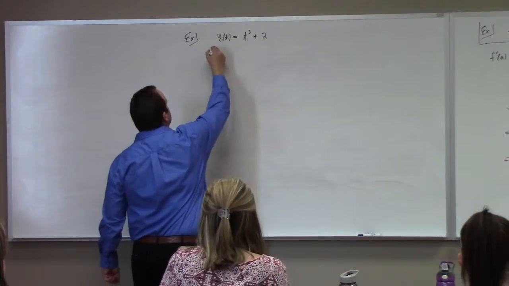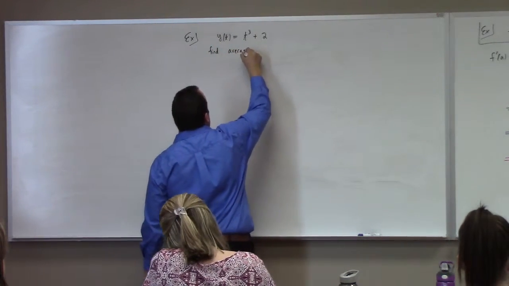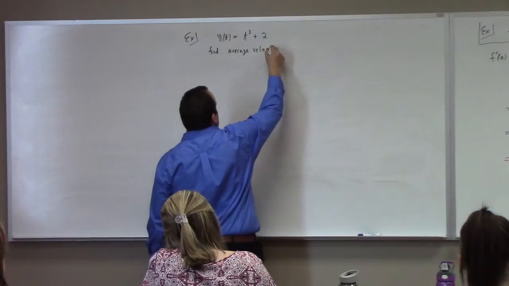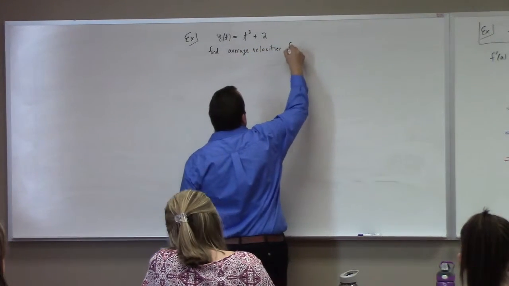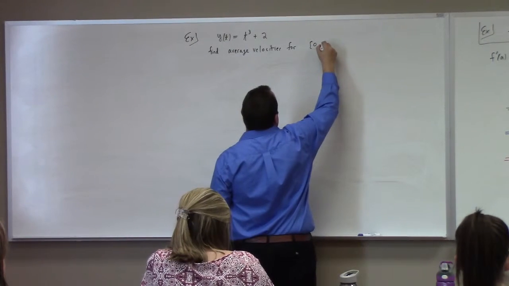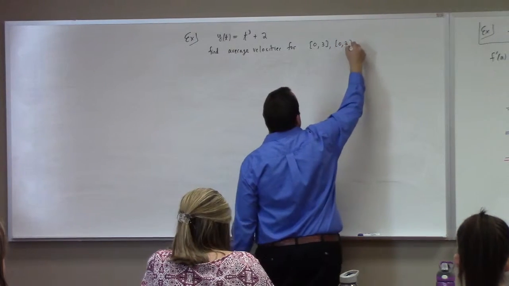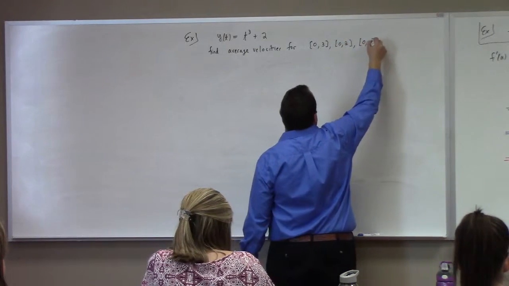Let's find the average velocities for, let's say, 0 to 3, 0 to 2, and 0 to 1.